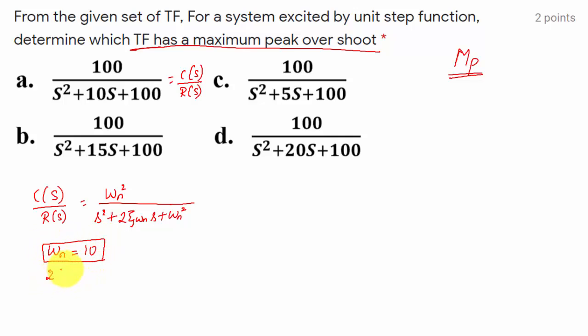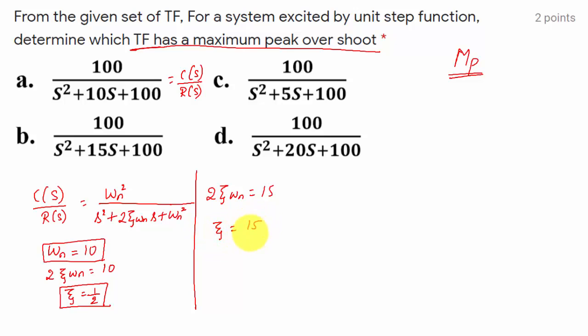The value of 2 zeta omega n is 10, so zeta equals 10 divided by 2 into 10, which is 0.5. In the B option, 2 zeta omega n equals 15 and omega n is 10, so zeta equals 15 divided by 2 into 10, which is 3 by 4, equal to 0.75.